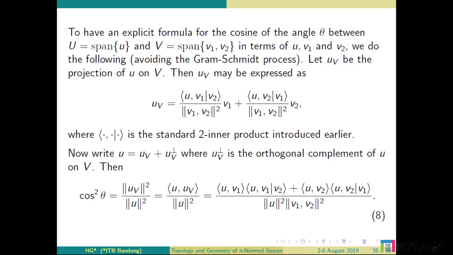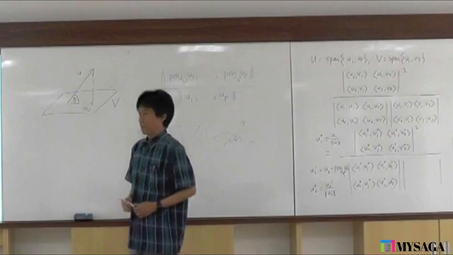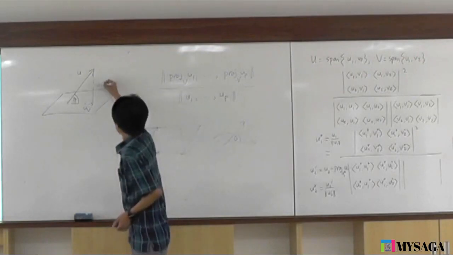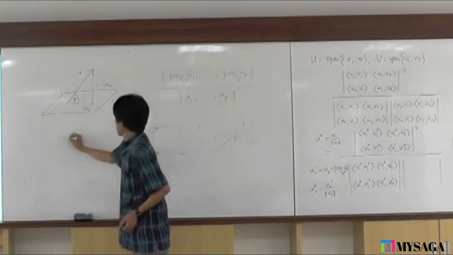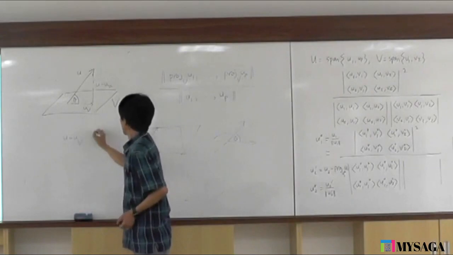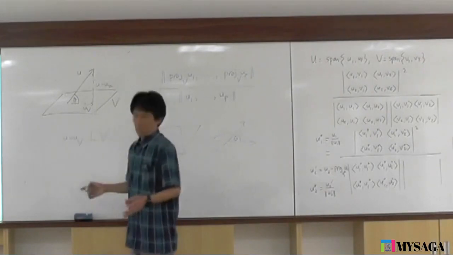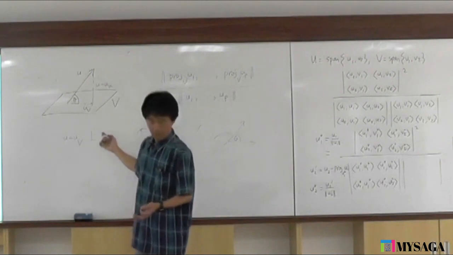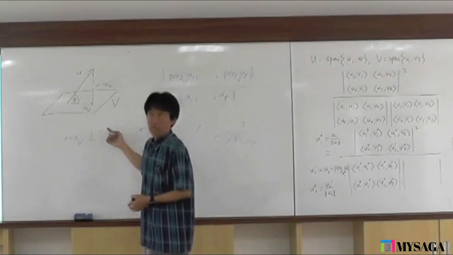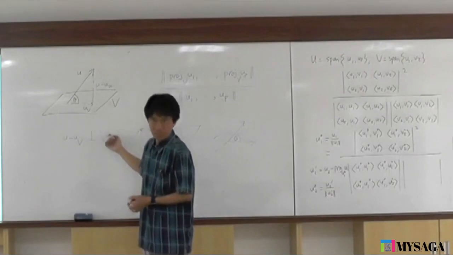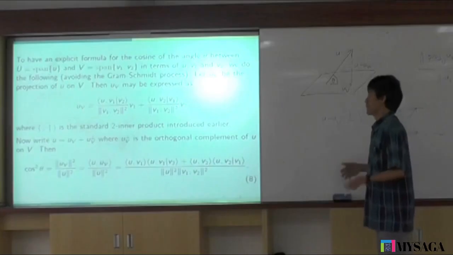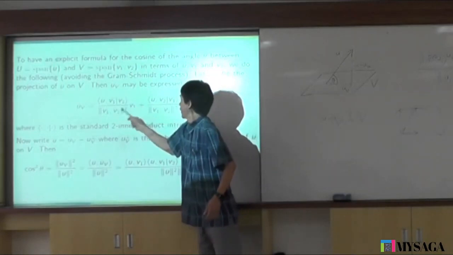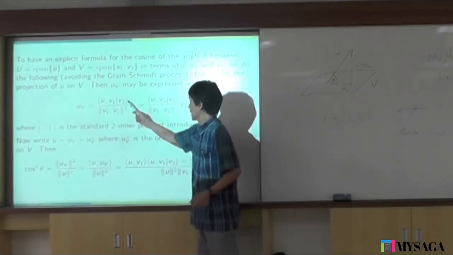You don't need to orthonormalize the basis for V. You just do the linear algebra by considering that U minus its projection on V should be orthogonal to V. So you have a system of two linear equations, and then you solve for the coefficients, you get alpha and then beta given by this.